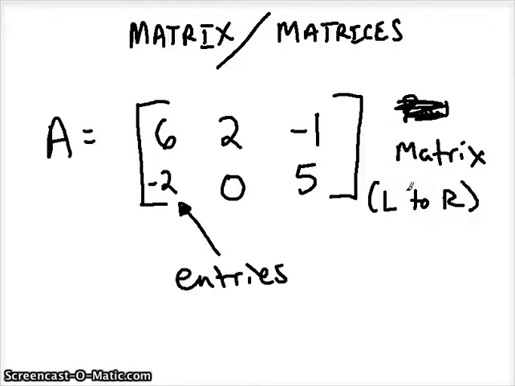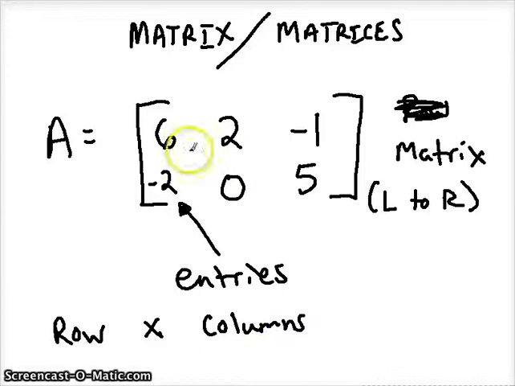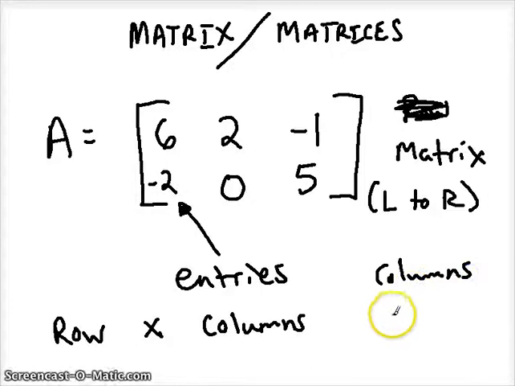And the way that we describe the size of a matrix is by listing its rows by the number of columns. And we haven't talked about columns yet, but columns go up and down.